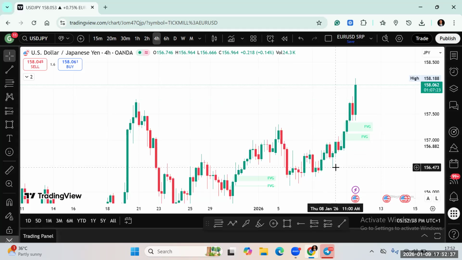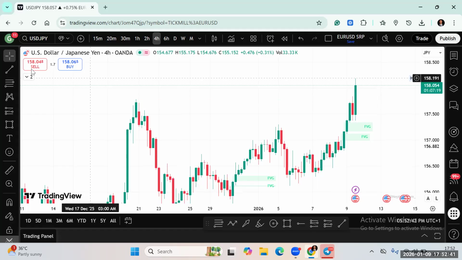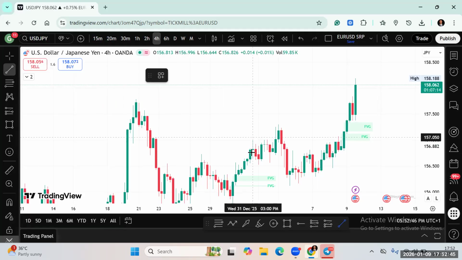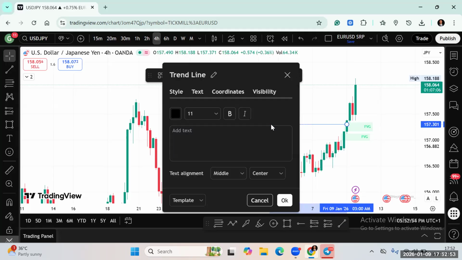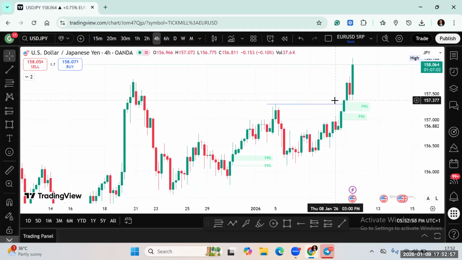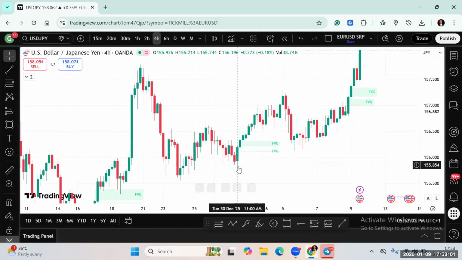But this was the range we traded. This was the range from here to here. This was when price broke above it. Okay, this is the one that price will come back to. This was the range we traded. We traded from here.